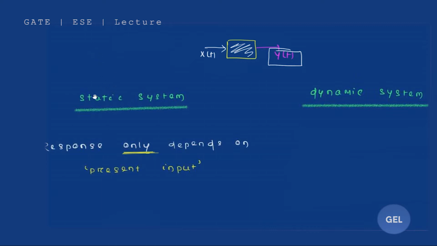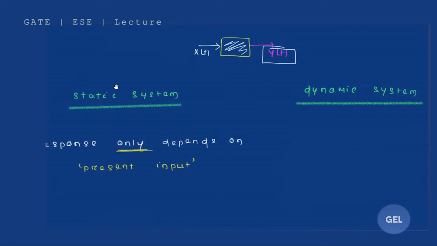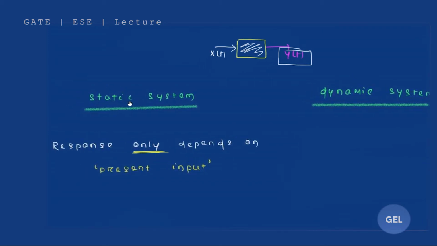Like for example, static is स्थिर, like Gautam Buddha, you can take the example. Gautam Buddha is static, like he always depends on the present instant of time. You can say स्थिर बुद्धि वाला, like a sannyas kind of person. Okay, so a static system is a sannyas kind of system जो कि वर्तमान में जीता है.